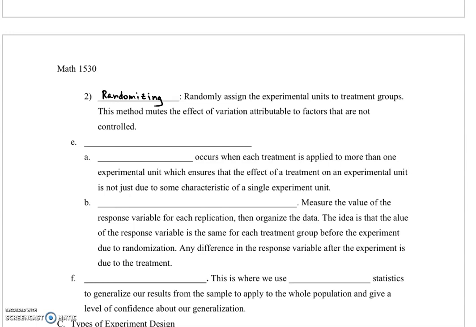Okay, so after you set the levels of the factors, you have to conduct your experiment. So several things when we conduct an experiment for it to follow good scientific procedure is there must be replication.